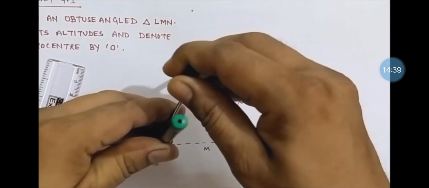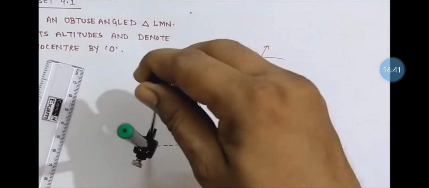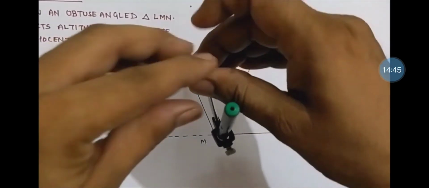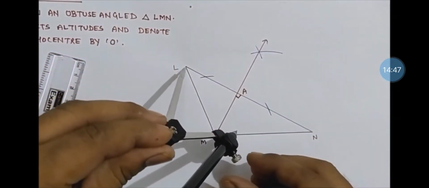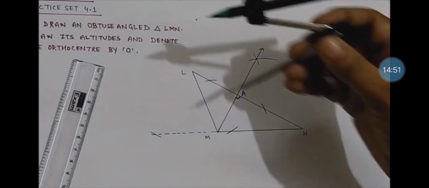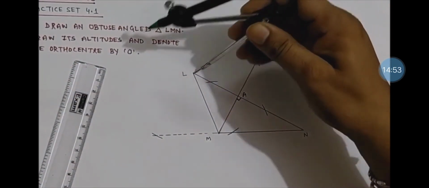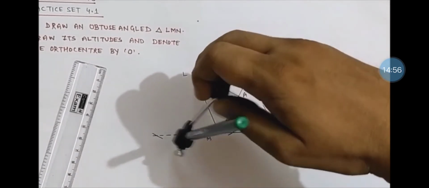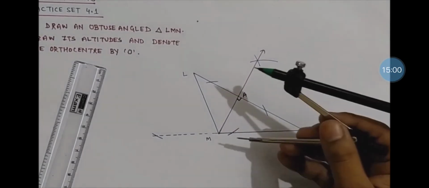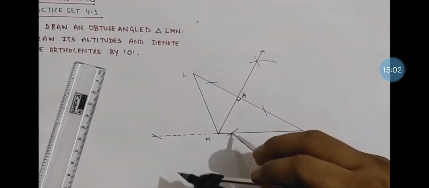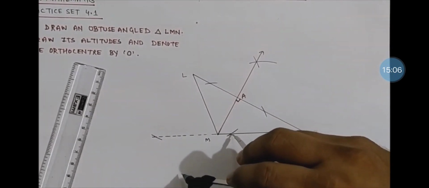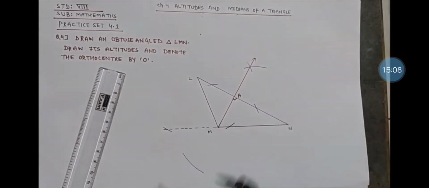Now open the compass such that you get 2 arcs on the extended line MN. Okay, like this. Now open compass more than half and make arc like this.